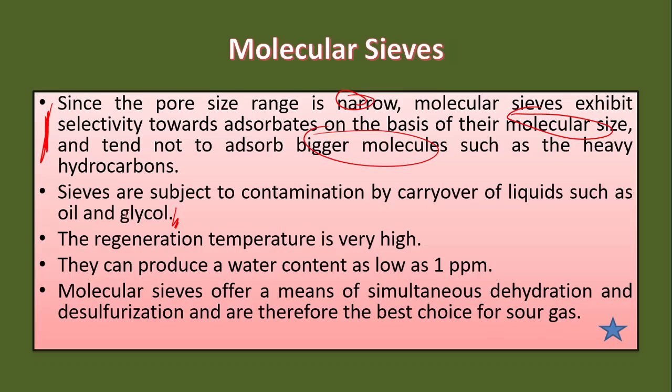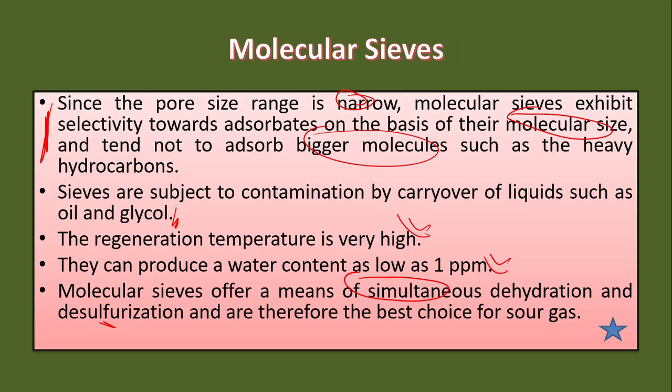The temperature for regeneration is very high here, but they can reduce the water content to as low as 1 ppm, so molecular sieves are very effective. Molecular sieves offer the advantage of simultaneous dehydration and desulfurization, and therefore are a very good choice for sour gases. They can even reduce the concentration of H2S.